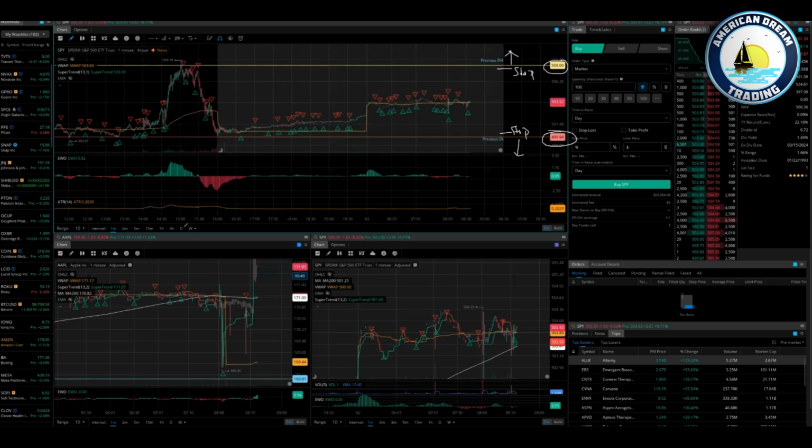Scalpers only. If you're in a 2-minute EWO, you follow your own rules. It has nothing to do with what we're talking about. But if it gets to this level, this is probably going to be a good range to start to offload some of the weight you're carrying, shedding 50, 20, 20, 10.